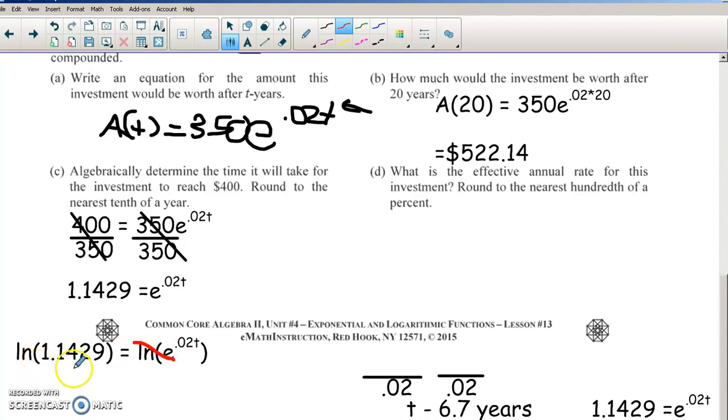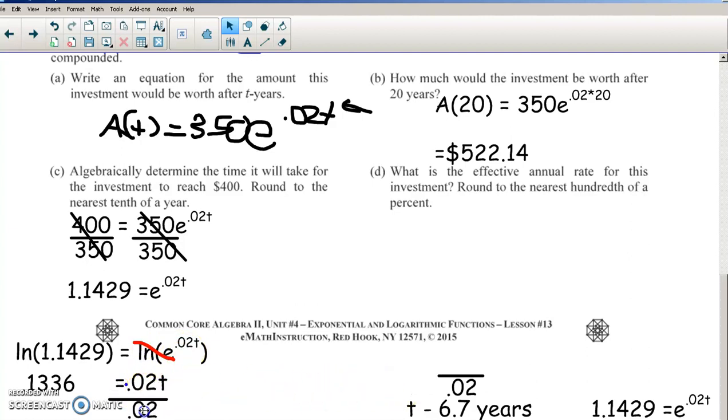And now I have the natural log of 1.1429, which when I type in gives me 1.1336, and that equals my 2% times the time, because the natural log and Euler's number cancel, and down drops my exponent. So if I am going to do this correctly, I now have to divide both sides by 0.02.